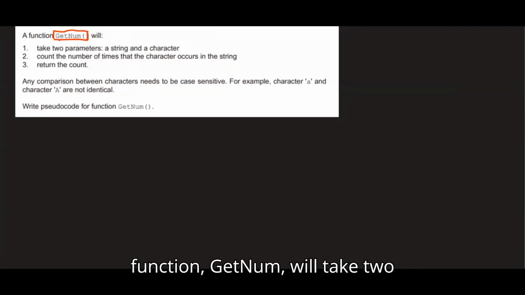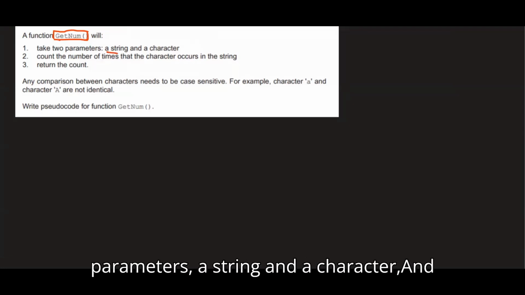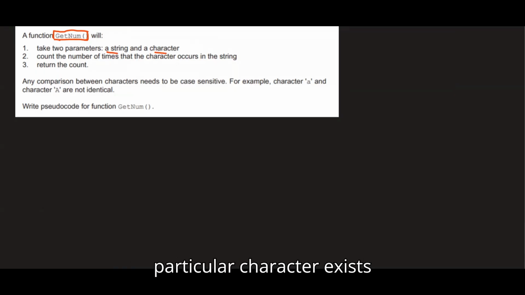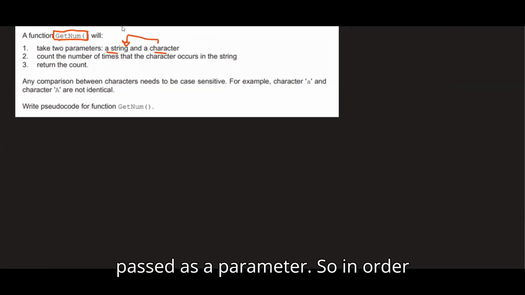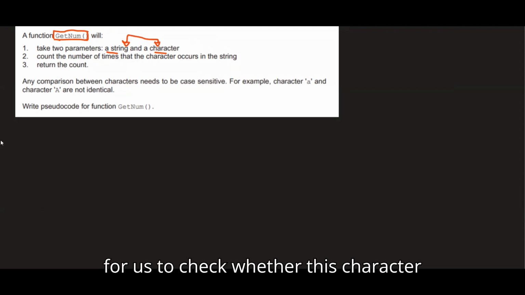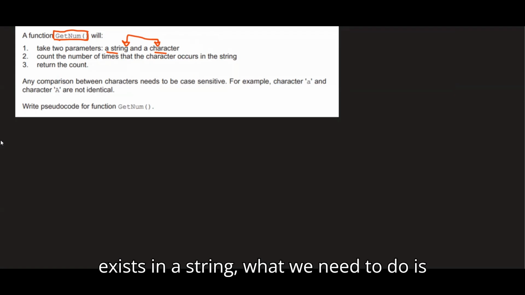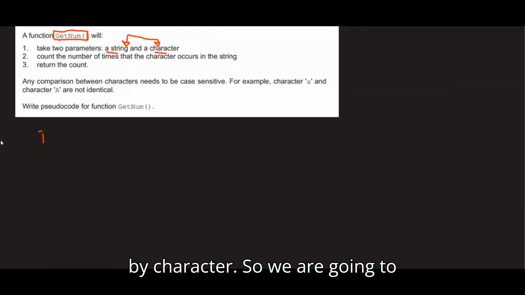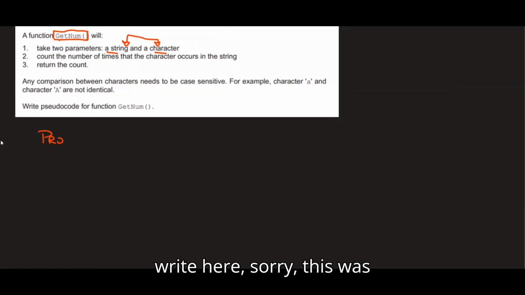So this function getNum will take two parameters, a string and a character, and then it will check how many times that particular character exists in the string that was passed as a parameter. In order for us to check whether this character exists in a string, we need to extract the string character by character. So we are going to write here, oh, sorry, this was a function, not a procedure.